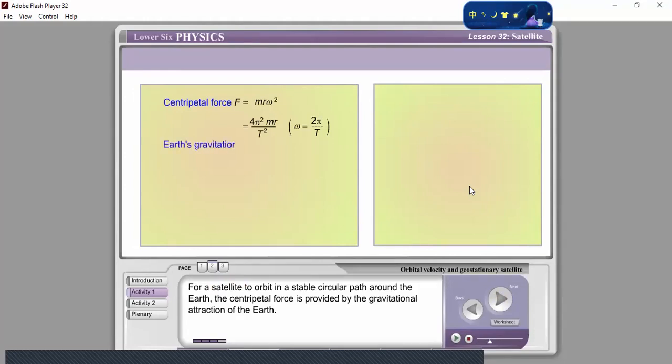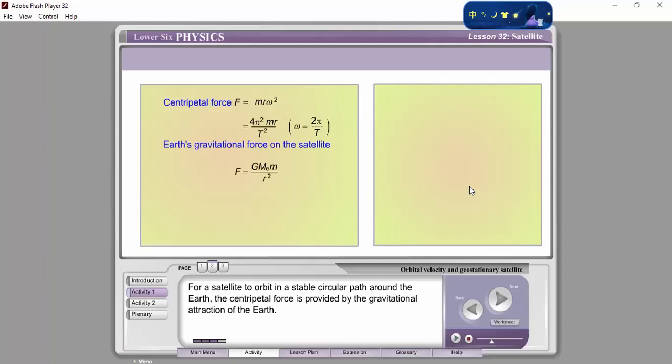Earth's gravitational force on the satellite F equals G M_E m over r square, which implies 4 pi square times m r over T square equals G M_E m over r square, which implies r equals (G M_E T square over 4 pi square) to the power 1 over 3.